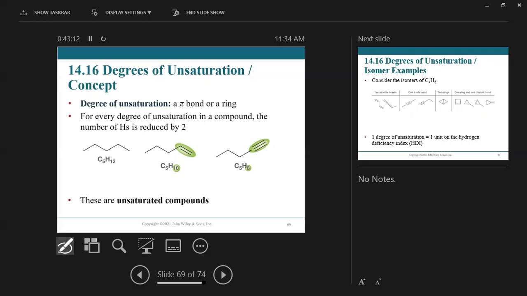For every degree of unsaturation of a compound, the number of hydrogens is reduced by 2. They're unsaturated because now they contain either a double bond or a triple bond. If they'd be saturated, they'd be here. So this is saturated, because it contains the highest number of hydrogens. And you can see that we have 2 less here and another 2 less right there.